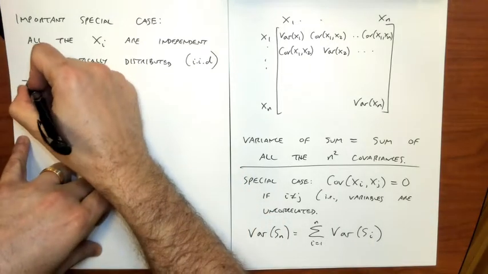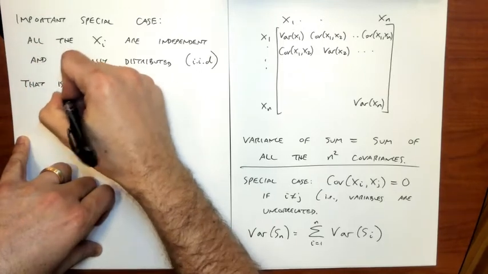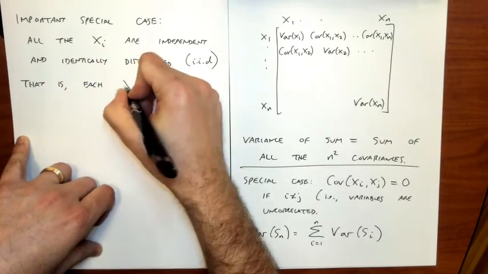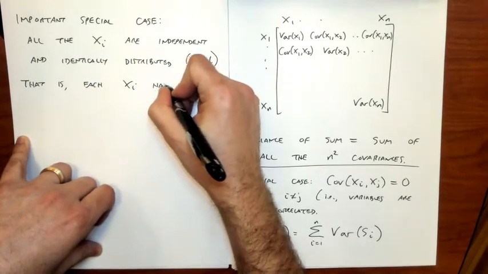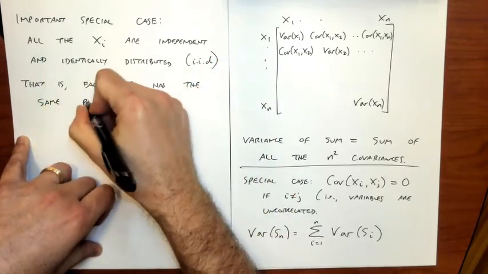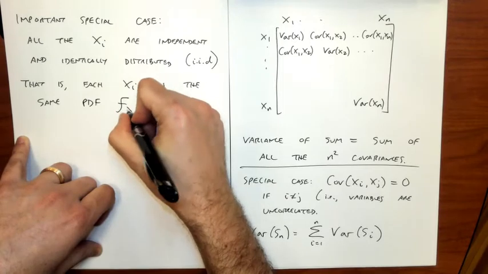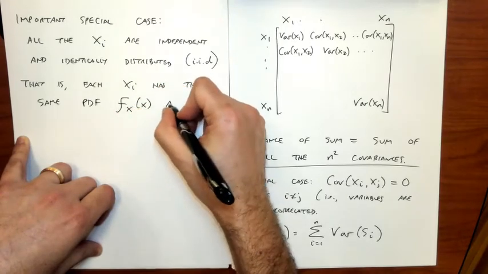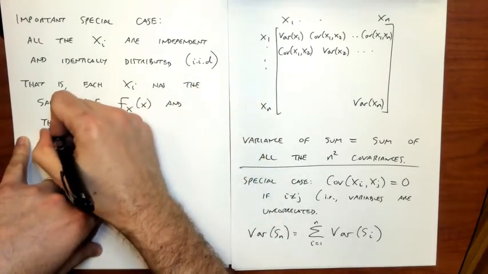That is, each xi has the same PDF, which we'll call little fx, and they're all independent.